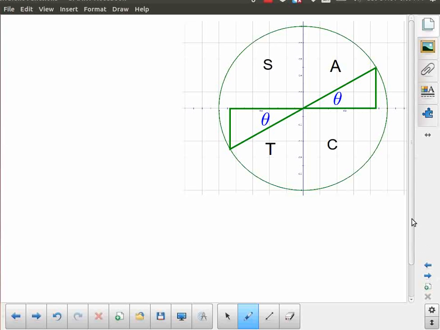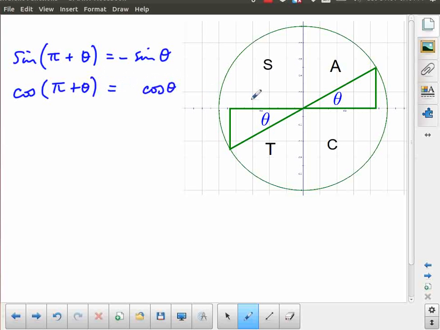Similarly, I can do this for any of these. So in this case, I'm going to get the sine of, now what's this one going to be? This is pi plus theta, and we know that's going to be related to the sine of theta, but because of the CAST rule, this is going to be subtracting. The cosine of pi plus theta is going to be equal to the cosine of theta, but because of the CAST rule, it's going to be negative.